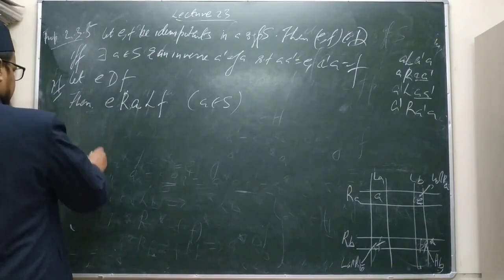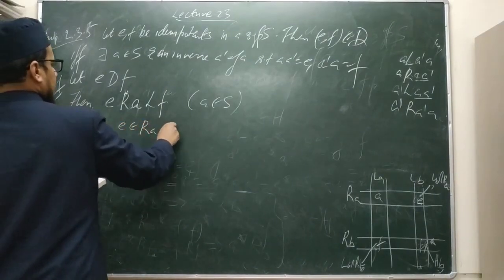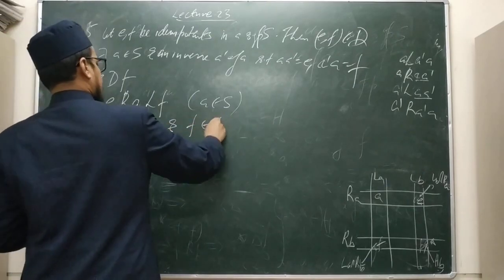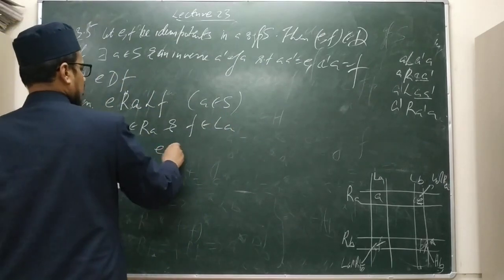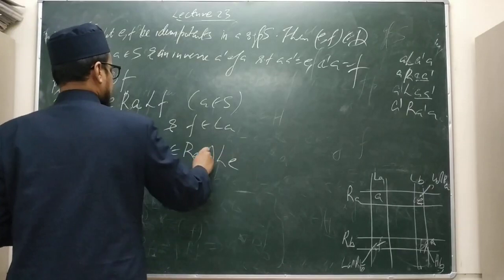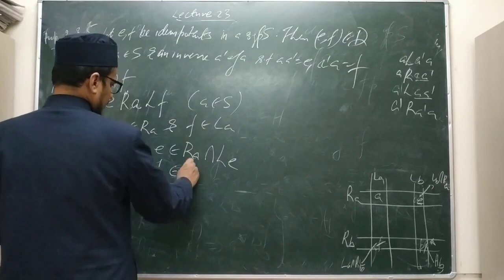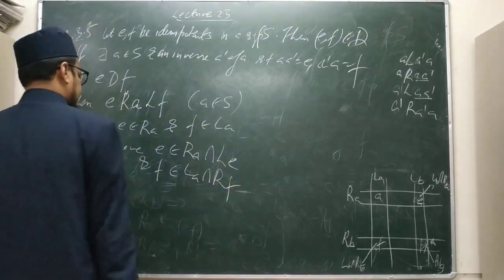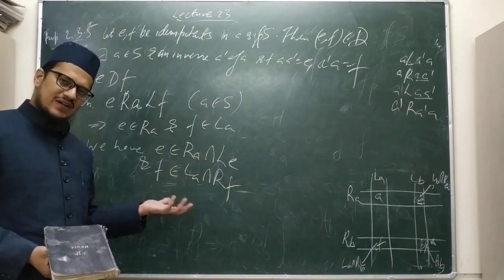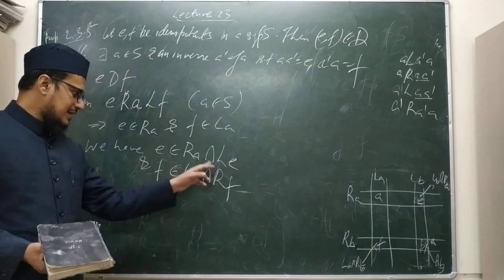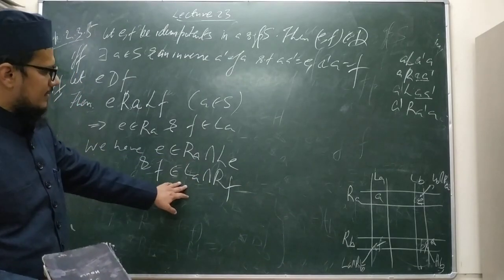So from here it implies that E belongs to R_A and F belongs to L_A. So we have E belongs to R_A intersection L_E and F belongs to L_A intersection R_F, isn't it? Because E L E is obvious, as Green's equivalence is reflexive, so E and E are related to each other, F and F are related to each other.